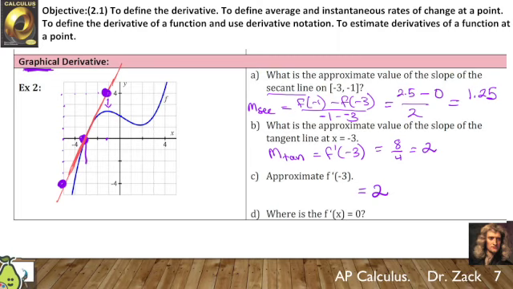If I draw in where horizontal tangent lines occur, looks to me like we might have a horizontal tangent line at 2, but also right about here, you can estimate that to be negative 1.3. So f prime at negative 1.3 is equal to 0, as well as f prime at 2 equals 0. So when it equals 0, that's where you have a horizontal tangent line.